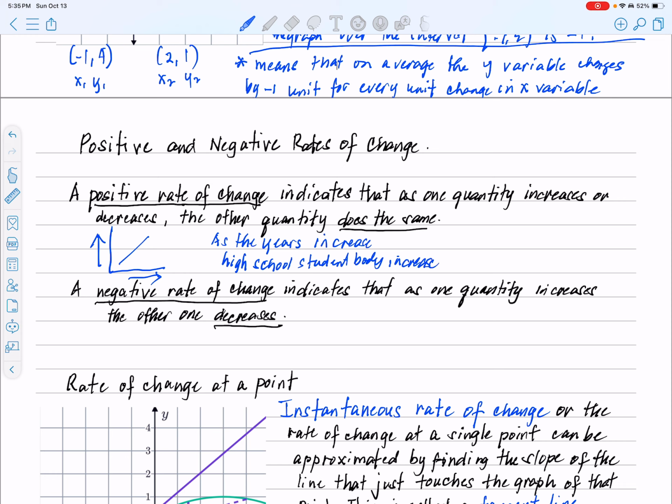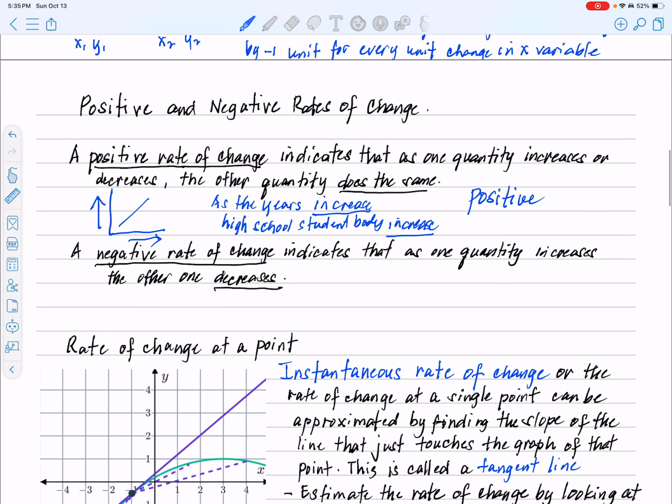That usually happens. As the years go on, the students also increase. So both quantities increase. So both variables are increasing, so the rate of change is positive, because both are increasing.